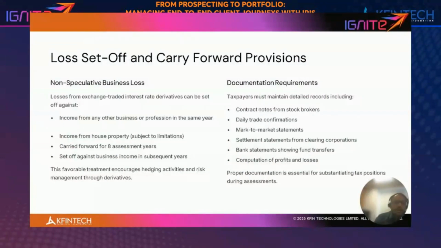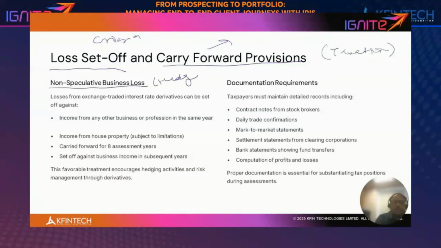Then what are the loss set-off criteria and carry forward provisions? Carry forward provisions in the taxation part. Let's understand. Non-speculative business loss, that means hedging mostly. Losses from exchange rate and interest can be set off. Let's take an example: I have a 10 million loss in my derivative portfolio.